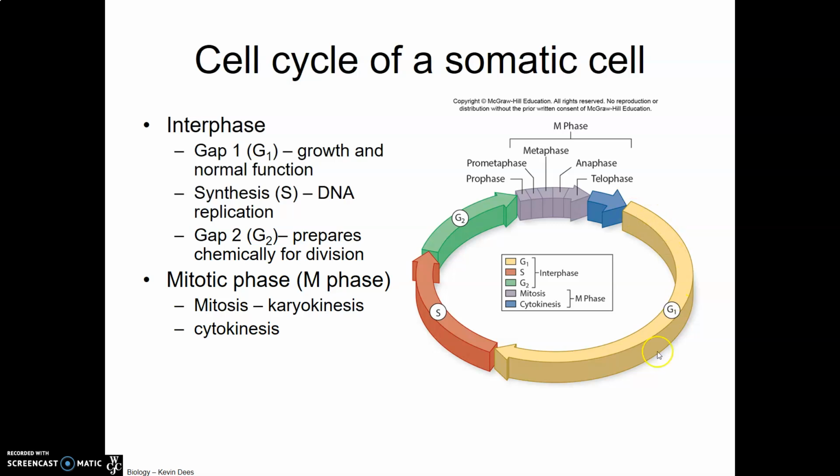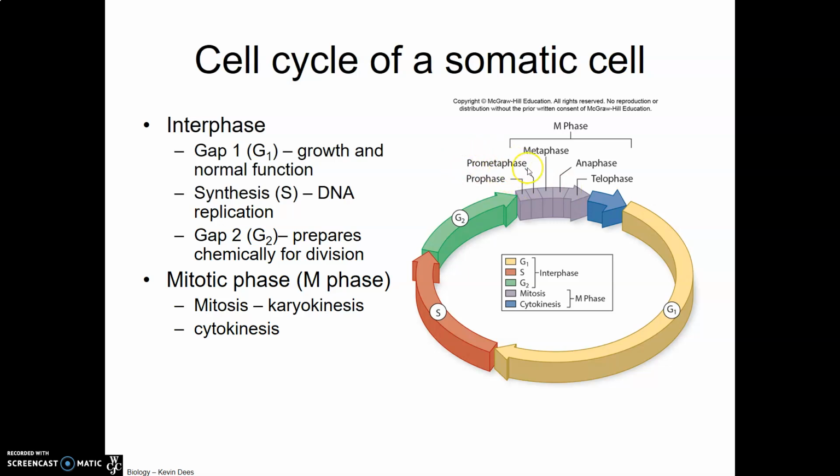Now, the interphase is the period between divisions, and then the mitotic phase of a somatic cell, the M phase, is where karyokinesis and cytokinesis will occur. The mitotic phase includes 4 very predictable steps: prophase, metaphase, anaphase, and telophase.